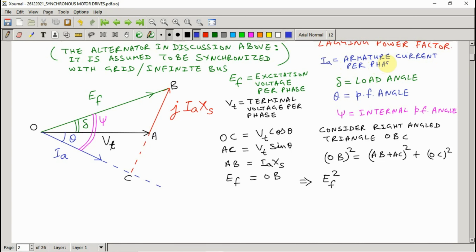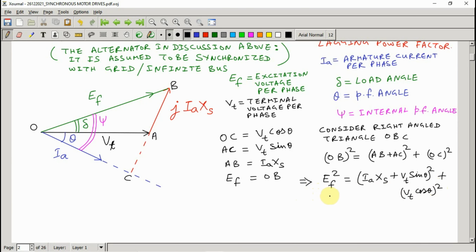This is your IA. Now EF square equals, what is AB? IA into XS, plus, what is AC? It is Vt sin theta, whole square, plus, what is OC? Vt cos theta, Vt cos theta square. That is OC square.